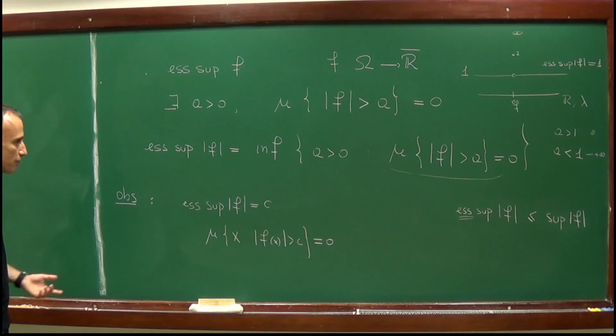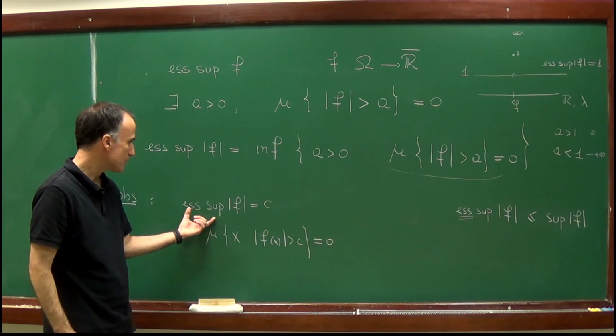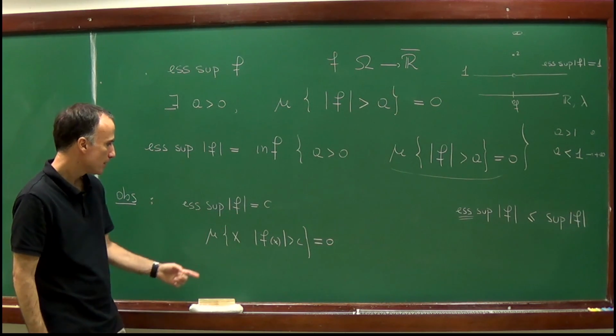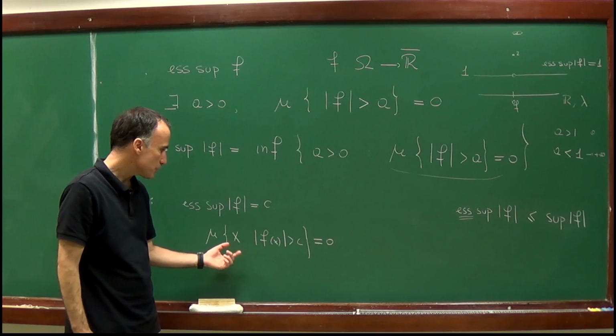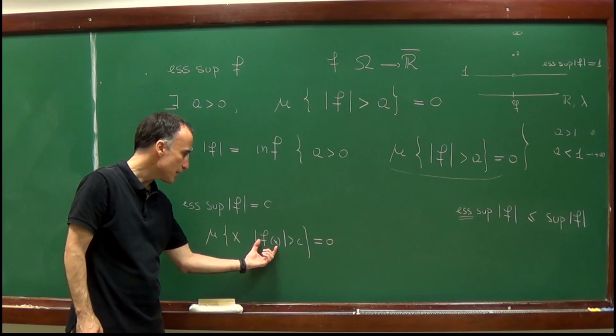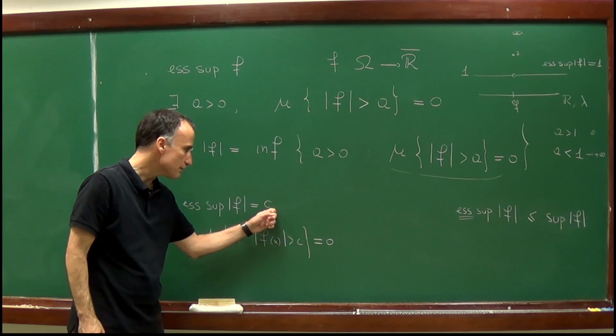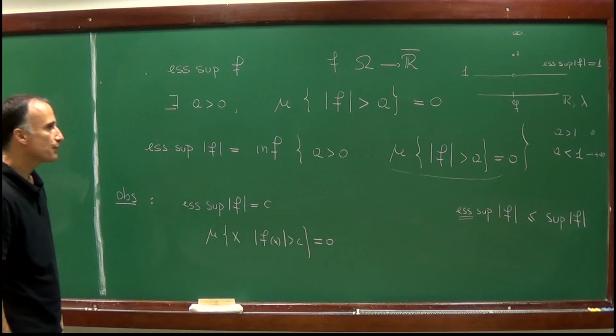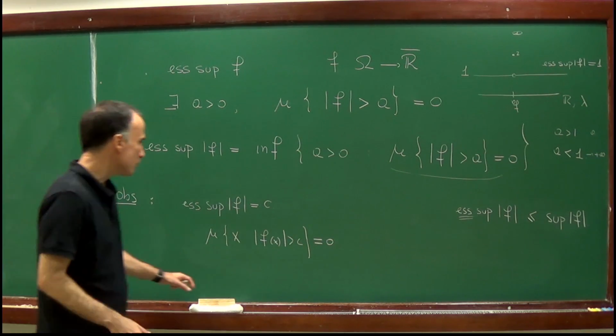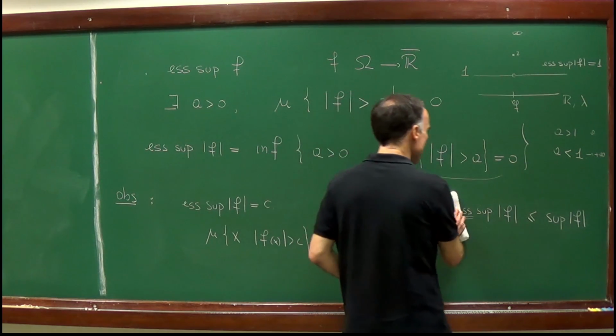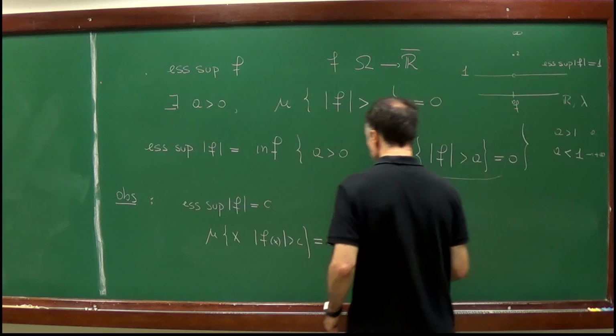Okay? So if I call by C the essential supremum of a function, what I'm claiming is that the measure of the points x for which f(x) is larger than this value has measure 0. And the proof of that is very simple.